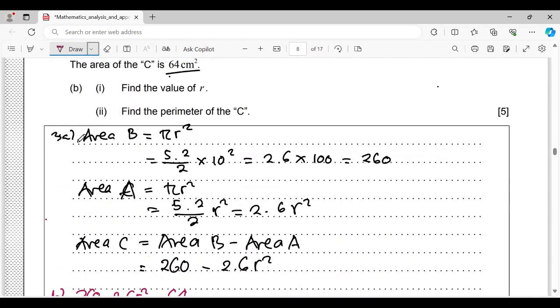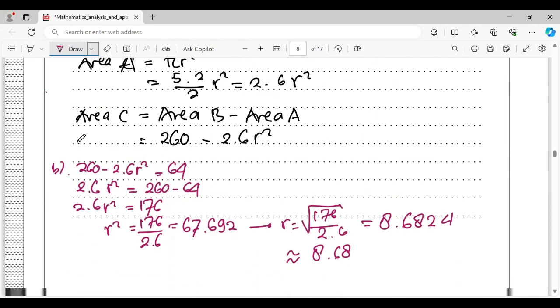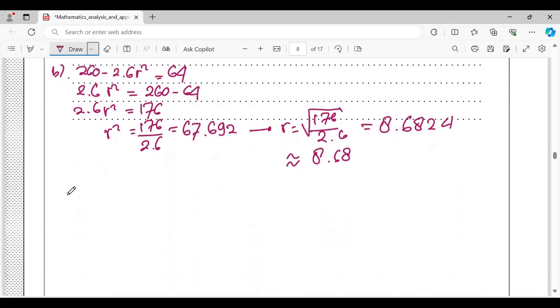What else? Find the perimeter of C. Right. Perimeter.